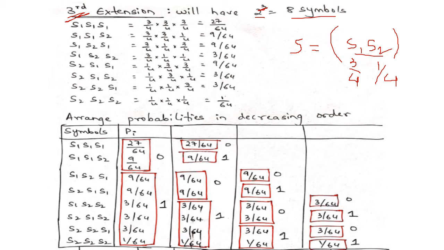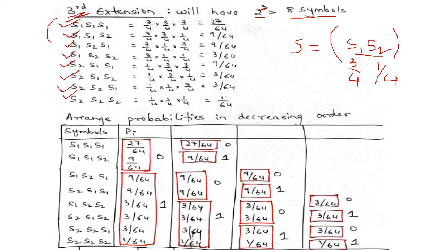And the 8 symbols are as follows: triple S1, S1 S1 S2, S1 S2 S1, S1 S2 S2, S2 S1 S1, S2 S1 S2, S2 S2 S1 and triple S2.